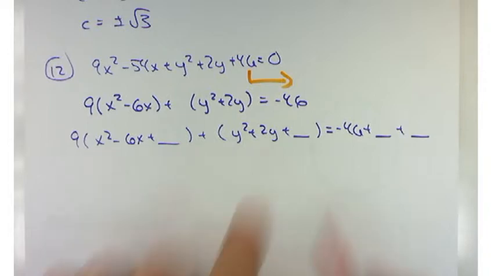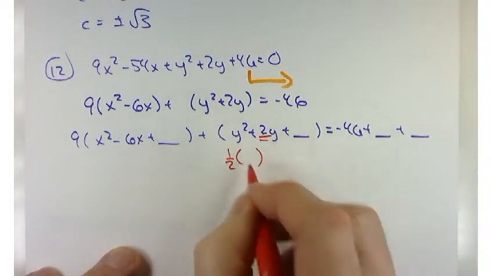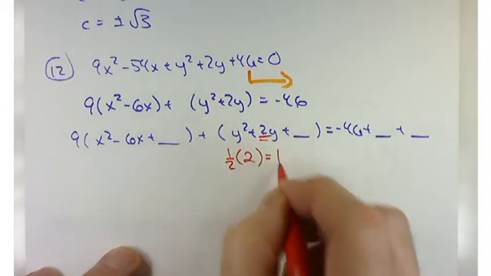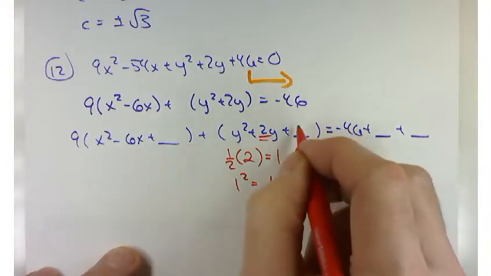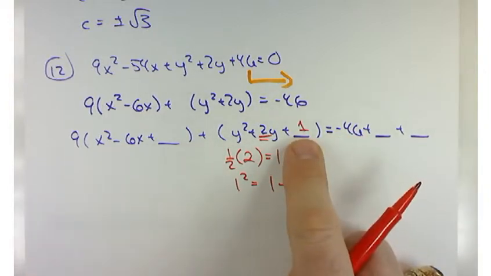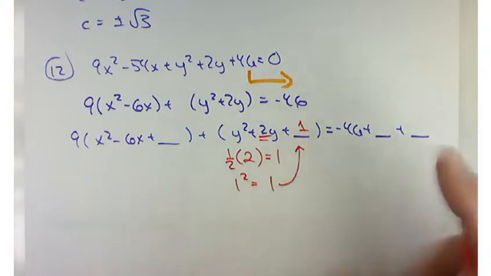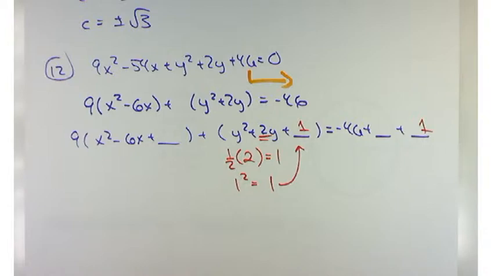Well, let me remind you, you're going to take half of that middle coefficient. Half of that middle coefficient is 1, square it, and I get a 1 here. Now, if I put a 1 on the left-hand side, I should also put a 1 on the right-hand side. Okay, not so bad.